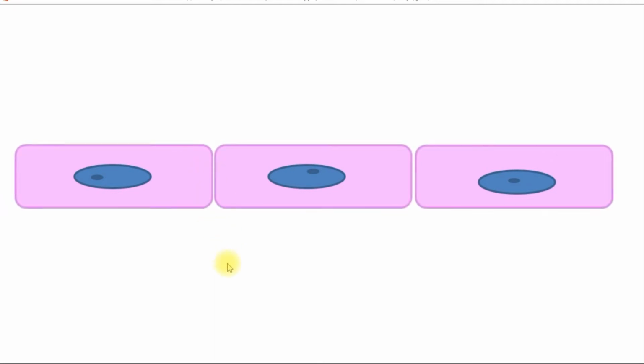They form rows, and neighboring cells are fused and form syncytium.